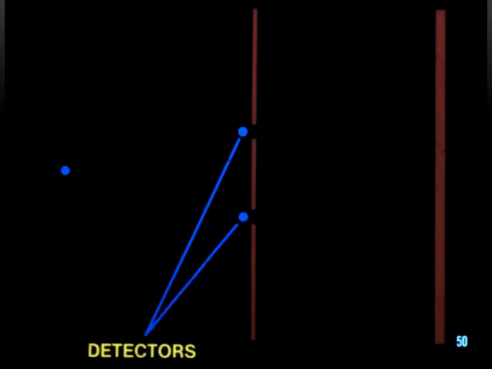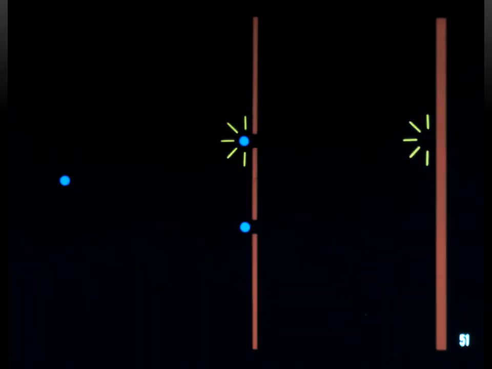If detectors are placed at each slit, each electron can be tagged as having gone through one slit or the other. We find that the electron registers as a particle at the slit and on the screen. That is, with a detector placed at each slit, we can determine that the electron goes through one slit or the other as a particle, and that it arrives at the final or target detector as a particle.